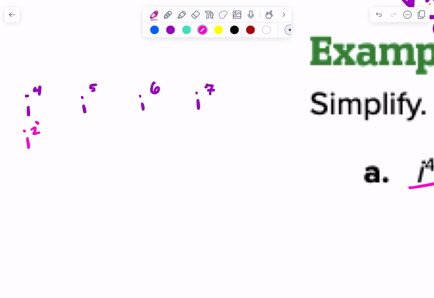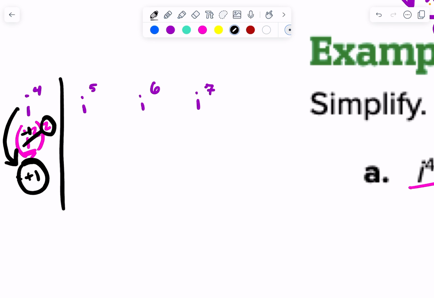So I'm going to try to create i to the fourth power, and all that's going to do is i squared, right? Like 2 times 2 will give me 4. So I write everything in terms of i squared. Now, I know that i squared is -1, and if I take -1 and I square it, that's going to be +1. So i to the fourth power becomes +1. No i's left, it's done.